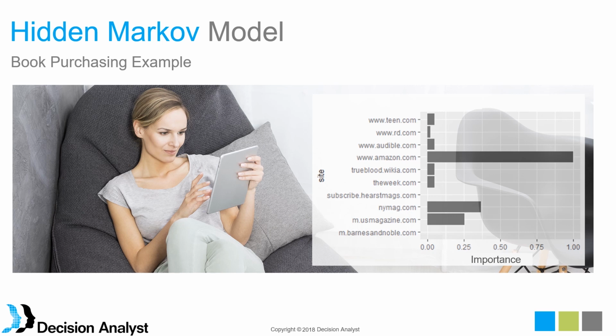Because we know at Amazon.com that a lot of purchases were made, which implies that the consumers were at a ready-to-purchase state at a high probability. And then in this diagram, New York nymag.com was second in attribution effect. And it's because the probability of being in a ready-to-purchase state among the consumers who were at that website was lower than at the Amazon.com website. So that's how a hidden Markov model would be used to measure attribution.